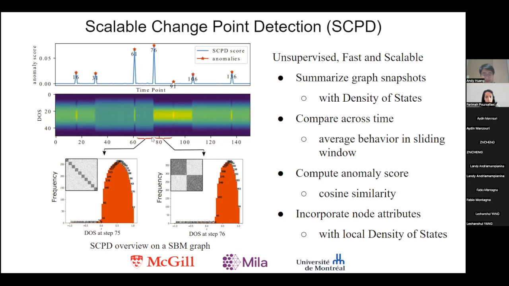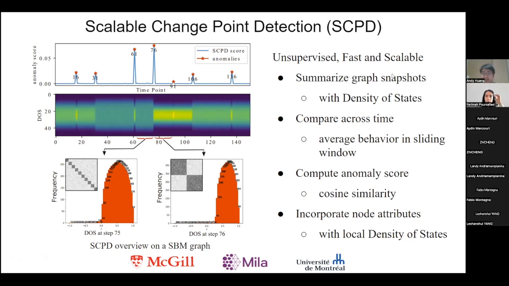In particular, we see that the change at timestamp 75 means that you are going from having 10 communities into 2 communities. That means the communities have merged. So that's what's being detected at timestamp 76, which is what we visualize here.